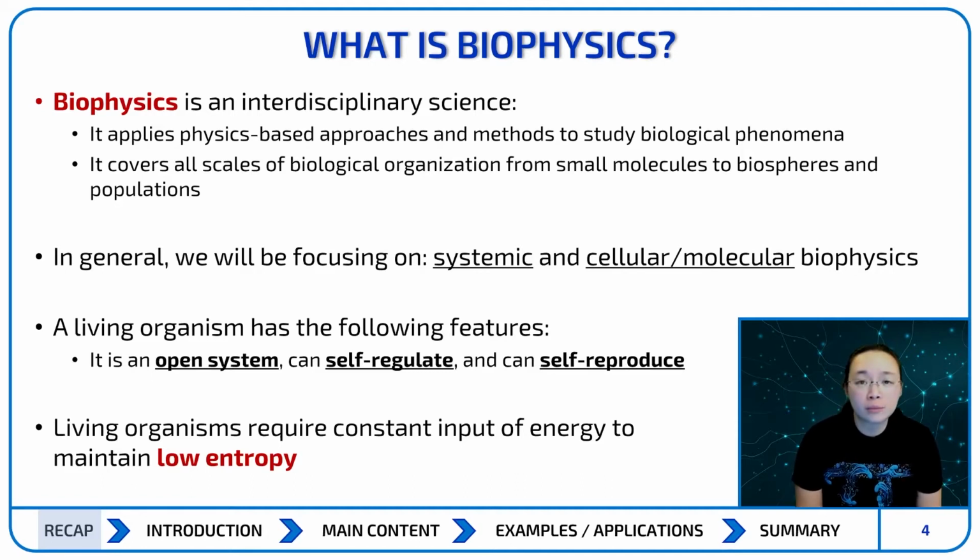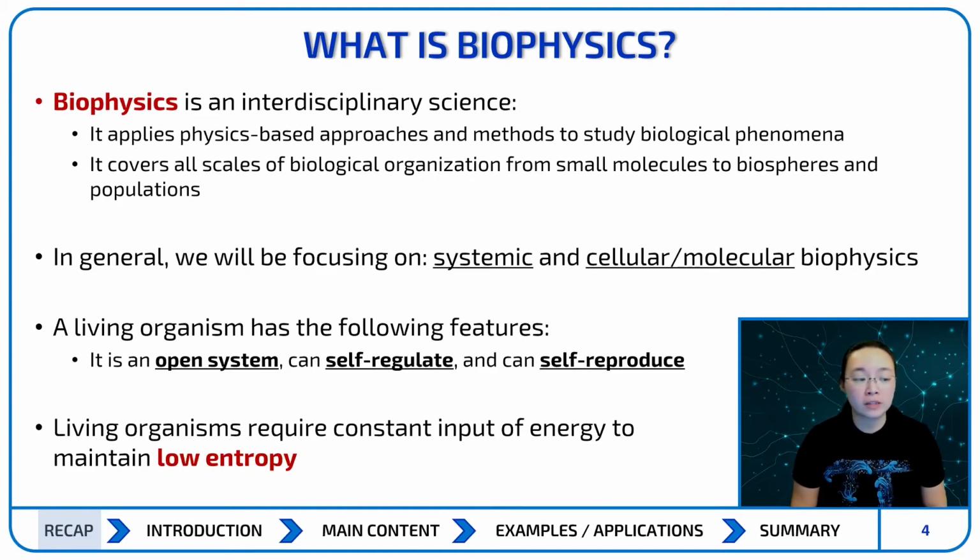In terms of what we talked about last lecture, the most important thing is that a living organism has three main features. It's an open system, so it always exchanges matter and energy with its surroundings. It can self-regulate, and it can also self-reproduce. Those are the three characteristics of a living organism that we've covered.